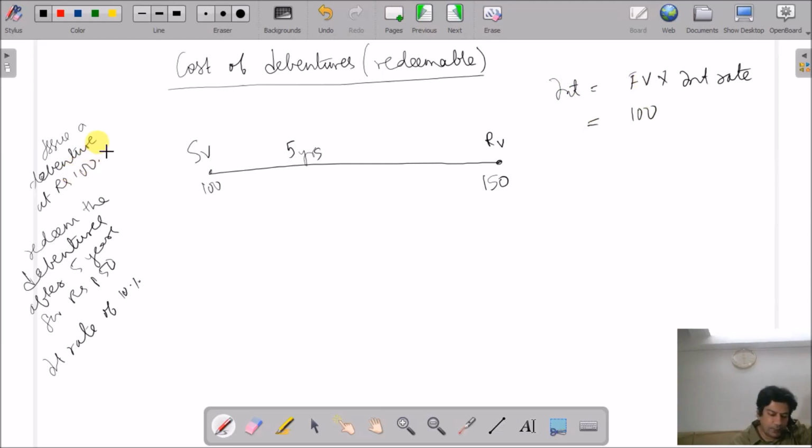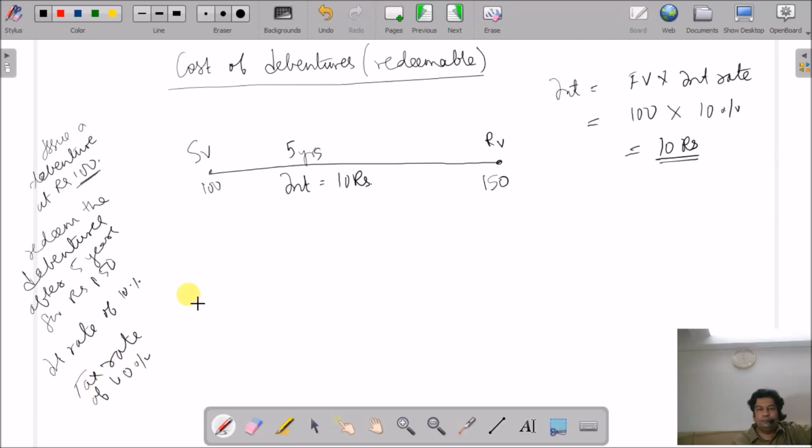We are issuing at par, so 100 rupees is the issue price as well as the face value. The face value is 100 and 10% is the interest rate, so 10 rupees is the interest per annum. Now there is a tax rate of say 40%.